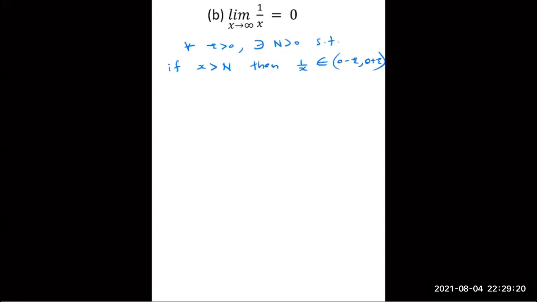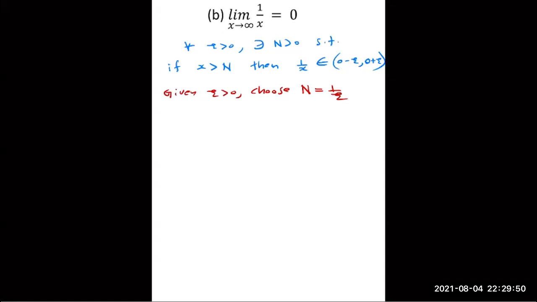All right. How do we give the formal proof now? Again, I start with a given epsilon greater than 0. Given epsilon greater than 0, I choose my n to be 1 over epsilon. The reason for this choice will be clear when we do the calculation.